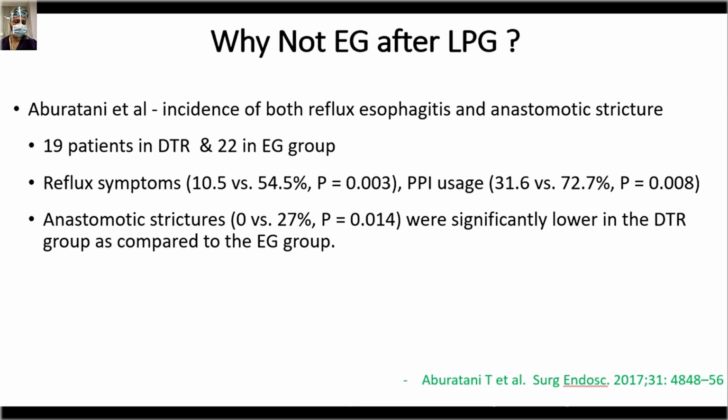The reflux symptom was 10.5% versus 54.5%, and PPI usage was 31.6% versus 72%. Both were statistically significant. The anastomotic stricture rate was 0 versus 27%, and DTR fared well both in terms of symptoms and anastomotic stricture.